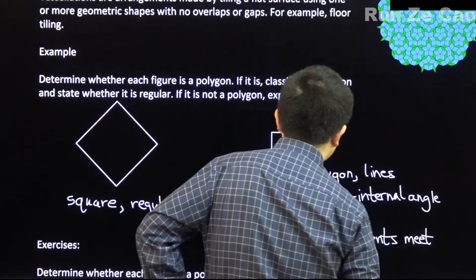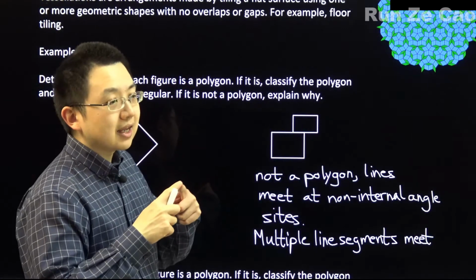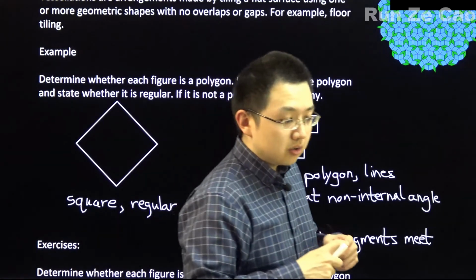In a polygon, you only have two line segments meeting at each vertex.